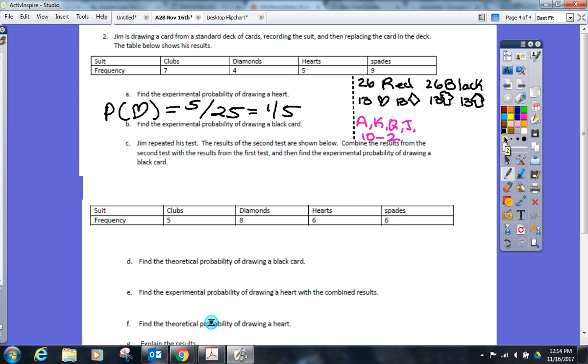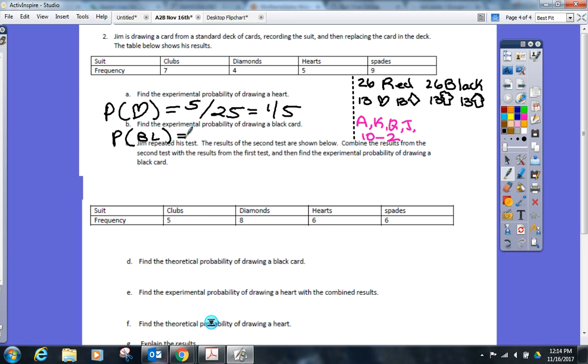This is why I did it. A black card consists of clubs and spades. So how many total clubs and spades did he pick here, Brooke? Clubs and spades. 26. Good. I'm just going to put P, probability of BL. Guess what the BL stands for? Black. Yep. How many, Brooke? Sorry. No, hold on. That was my fault. We're still on the first experiment.